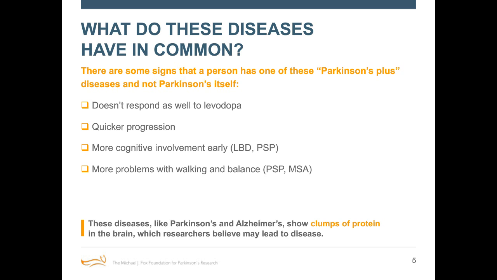The walking and balance issues tend to come on much earlier in the atypical Parkinsonian disorders such as MSA. Often if a patient presents in a wheelchair or is requiring a rolling walker, for instance, within several years of the onset of any of the symptoms, that is a red flag, one of the signs that this may not be Parkinson's disease, but rather one of these atypical Parkinsonian disorders.